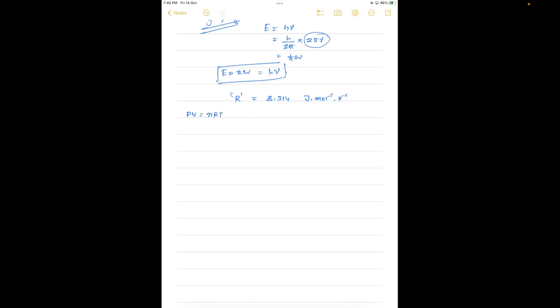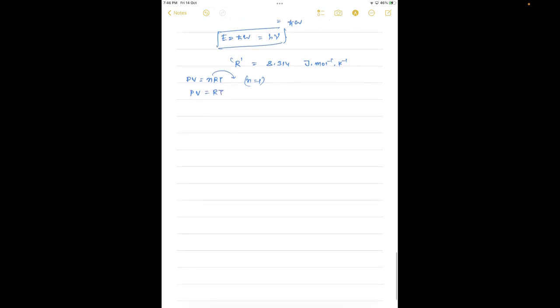For n equal to 1, that means 1 mole, n is the number of moles, so PV equal to RT. So R will be equal to PV upon T. From that you can get the SI unit of R. For the 1 mole case, that's why it is mole inverse here, and T gives Kelvin inverse here.